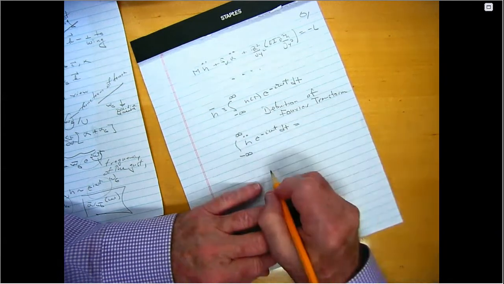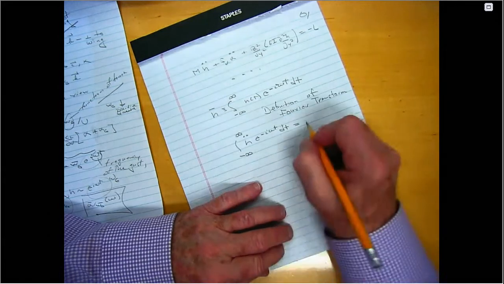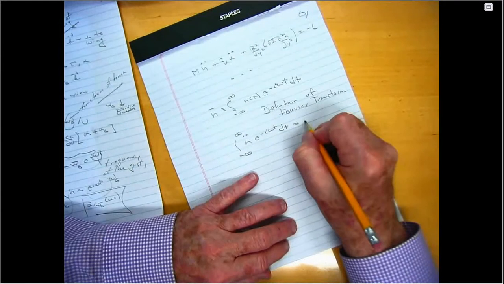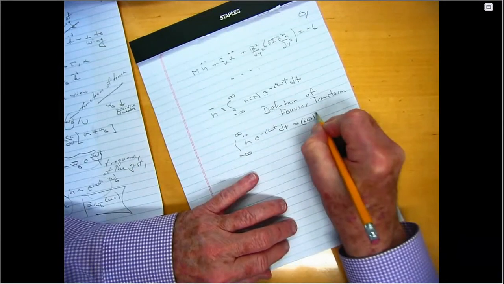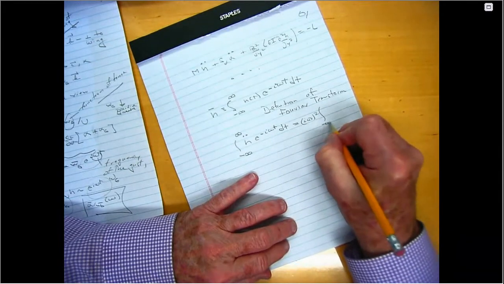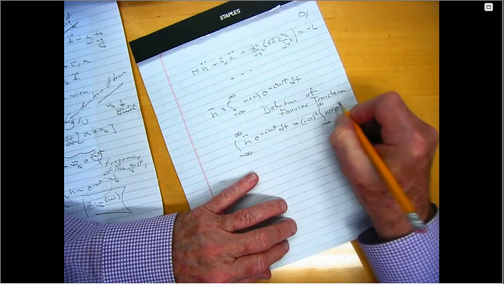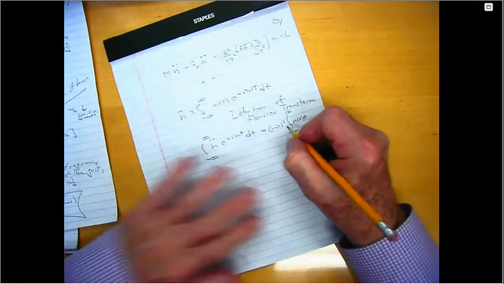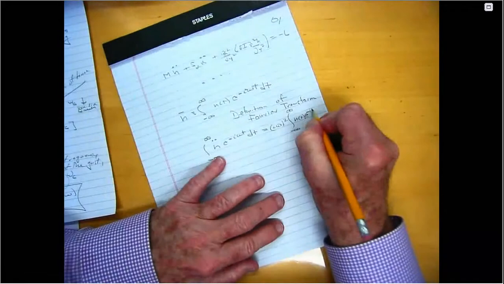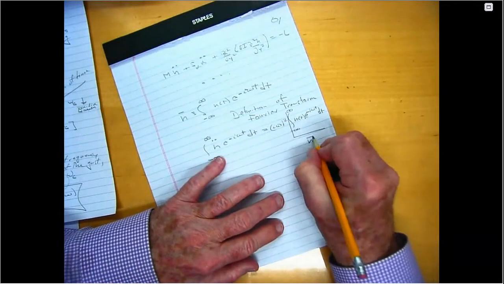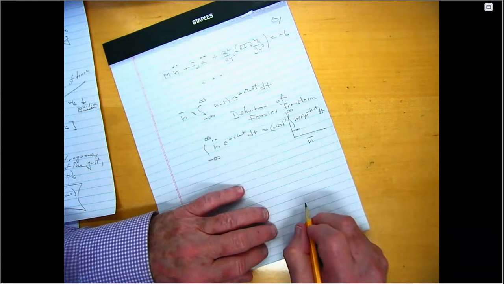And with a little bit of analysis, that some of you have seen before apparently and others may not, I can show that this is equal to (i omega) squared times the integral from minus infinity to infinity of h of t e^(-i omega t) dt. But that, of course, is just the Fourier transform of h.